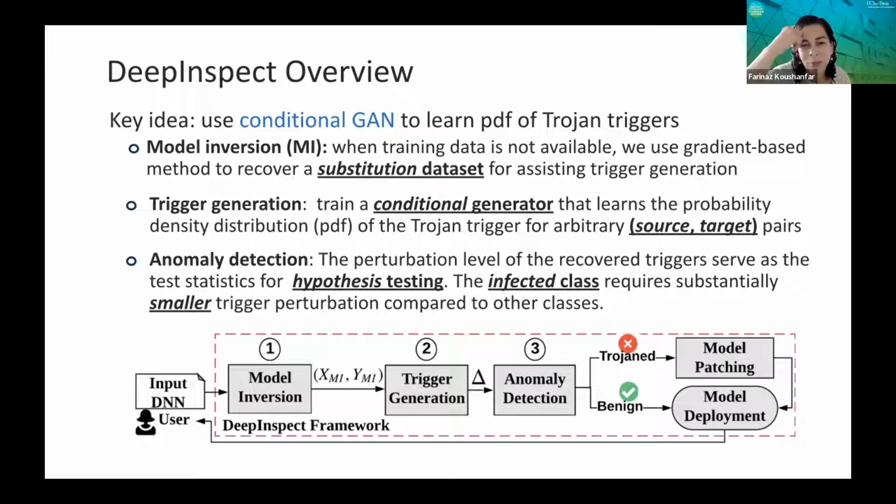The hypothesis is: does this have a trigger? If it has a trigger, then you need to patch your model. If the model is benign, basically you continue with your model deployment.